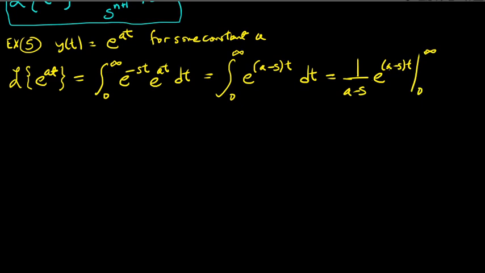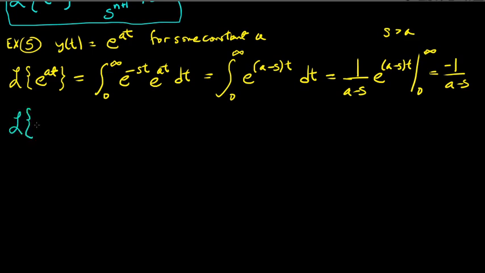Well, now we have a problem. If s is less than a, then this is going to diverge. But if s is bigger than a, in other words a minus s is negative, then it converges to the usual 0. So you're subtracting 1, so this is negative 1 over a minus s, which is actually 1 over s minus a.